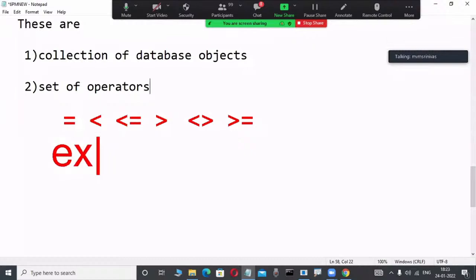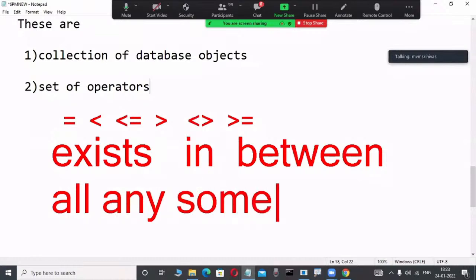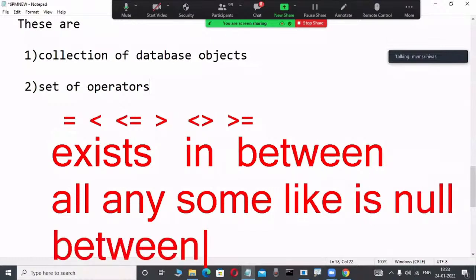Suppose exists is an operator, in is an operator, between is an operator, all is an operator, any is an operator, sum is an operator, like is an operator, is null is an operator. So many special operators are there.